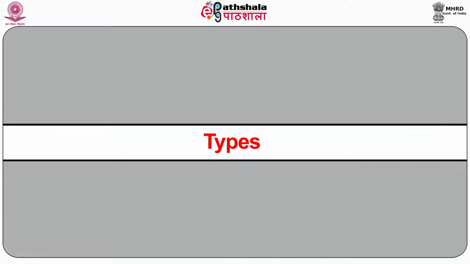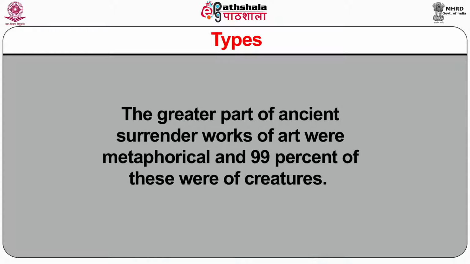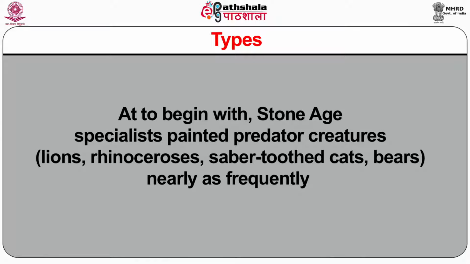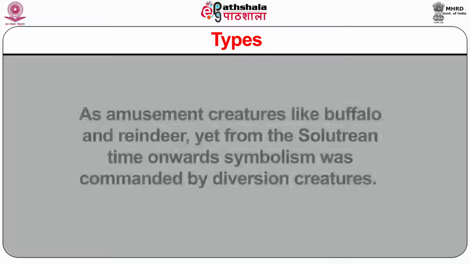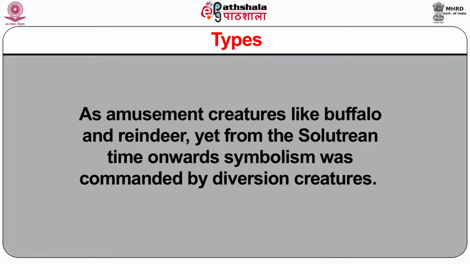Let us identify the different types. The greater part of ancient cave artworks were figurative and 99% of these were of animals. To begin with, Stone Age artists painted predator animals nearly as frequently as game animals like buffalo and reindeer.